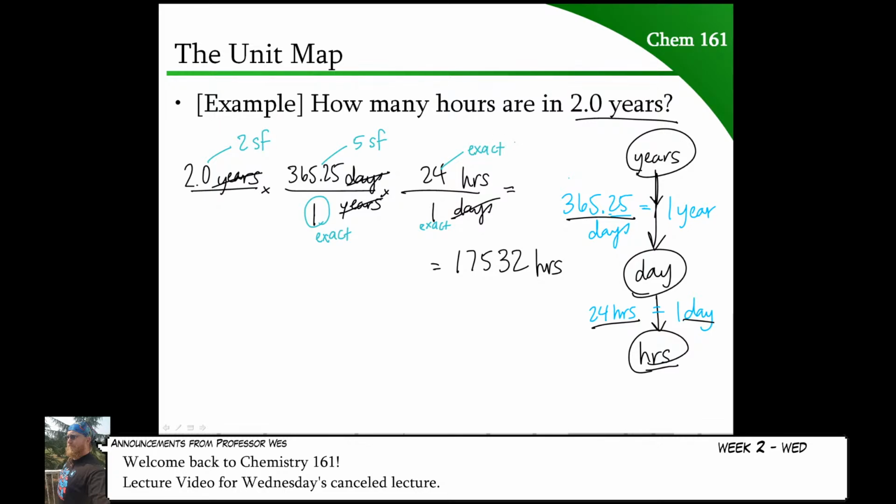If you aren't sure whether a conversion is exact or not, see if you are measuring something against something that can be defined. For example, we define a year as 1 trip around the sun. How many days will we have? Well, 1 trip around the sun is not going to have an exact number of human construct things to line up with it.